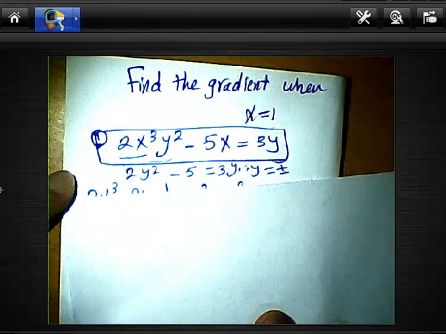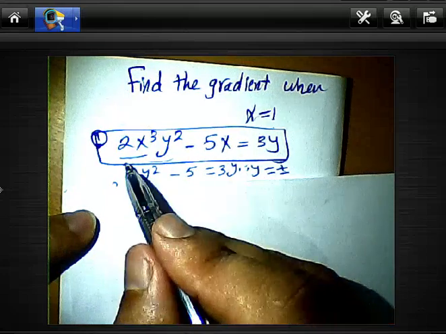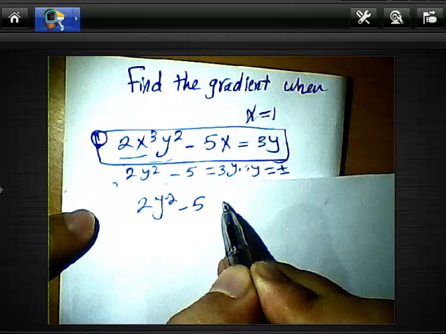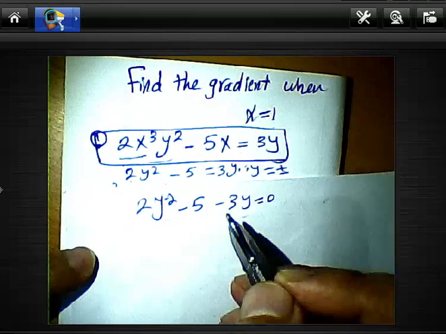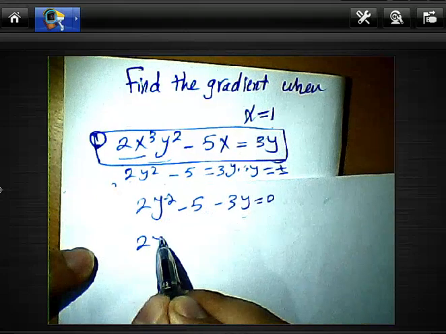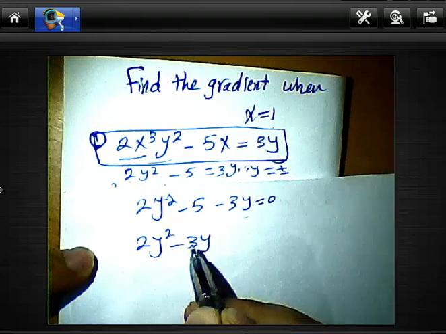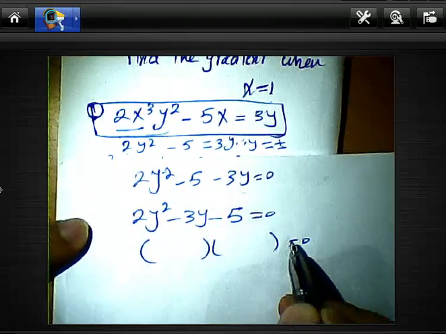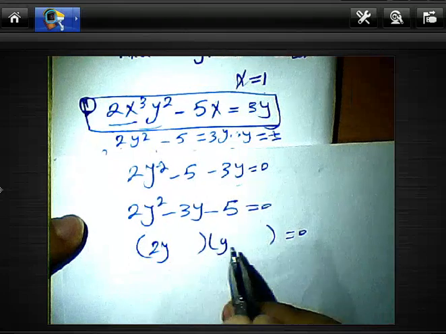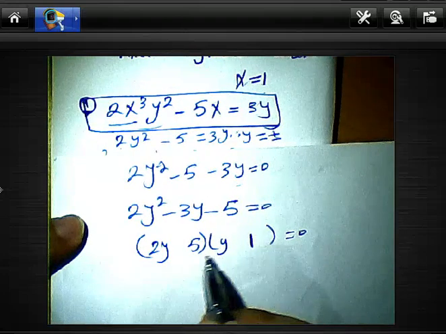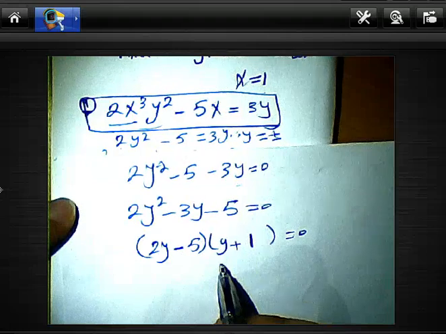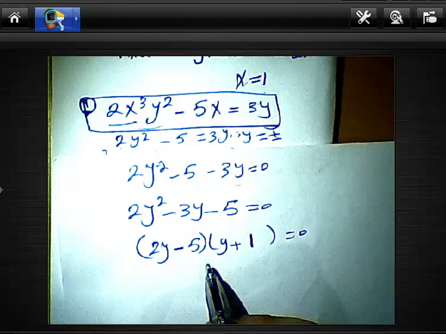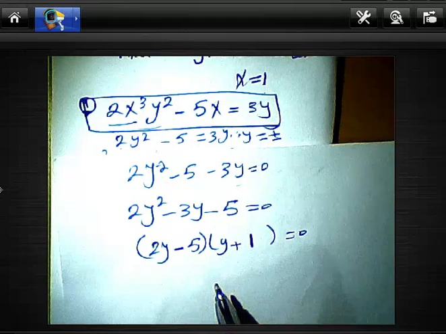Let x equal 1, so 2y^2 - 5 - 3y = 0, and we can factorize this equation: 2y^2 - 3y - 5 = 0. Factorizing, 2y times y, and 5 times 1, where 5 will be negative and 1 positive, so -5y + 2y equals -3y.